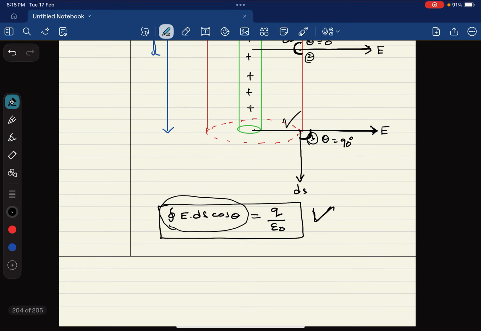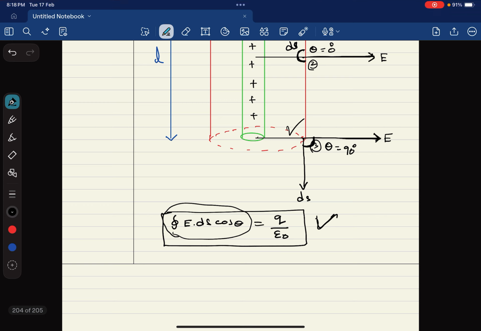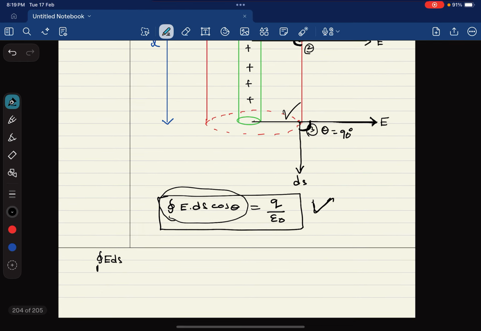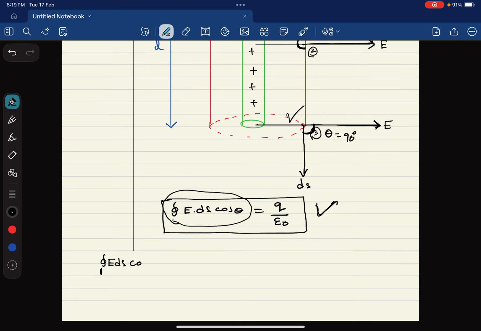That is the reason I'm going to split this formula into three parts. Let's see. I'm going to split this equation: closed integral E ds for the first region. What is the theta value for the first region? 90 degrees, so I take cos 90 degrees, plus the second region.